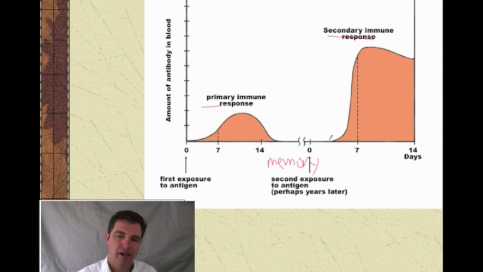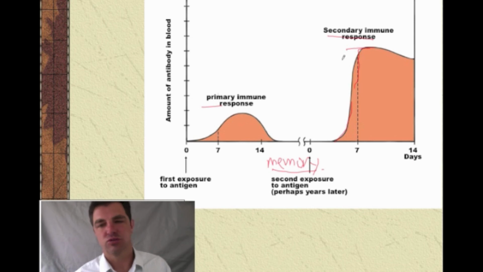But because of the memory B cells and T cells you produce, if you're exposed to that cold or flu again, what often ends up happening is very quickly those memory cells will produce antibodies very, very quickly. And you notice that here you get this really big response to that same cold or virus, which is why you tend to only get many diseases once, because your immune system adapts to that in the sense of producing these memory cells.